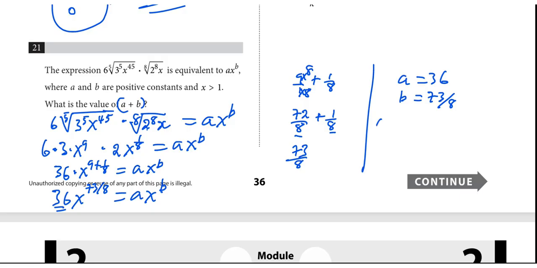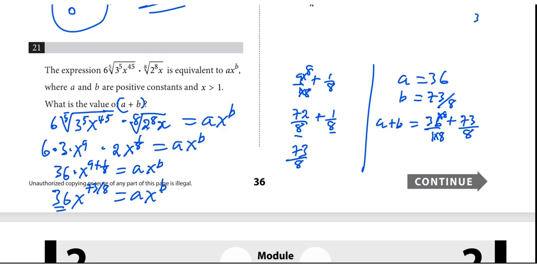So a plus b is equal to 36 plus 73/8. So write this over 1. So now we can multiply this by 8 and also multiply 36 by 8.